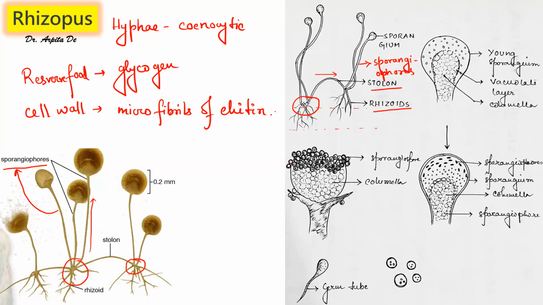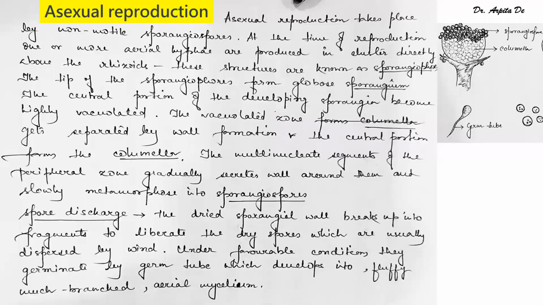Now we will talk about the reproduction in Rhizopus. Let's start with asexual reproduction. Asexual reproduction takes place by non-motile sporangiospores. These are formed within the black-colored globose sporangia.